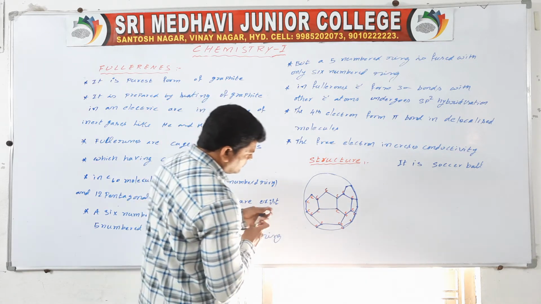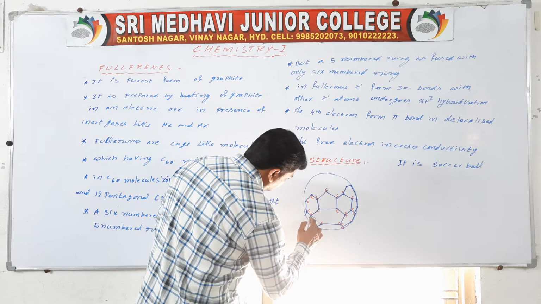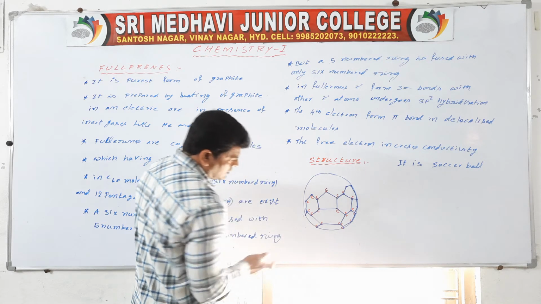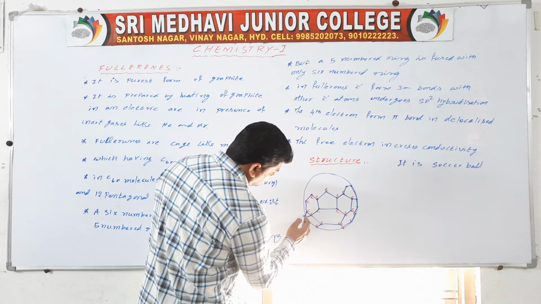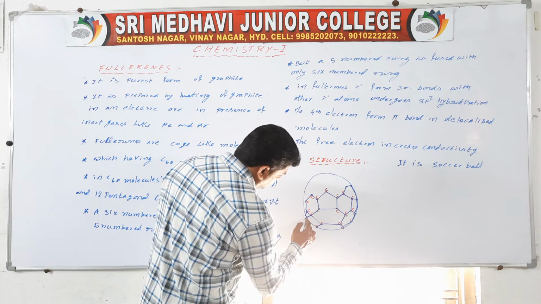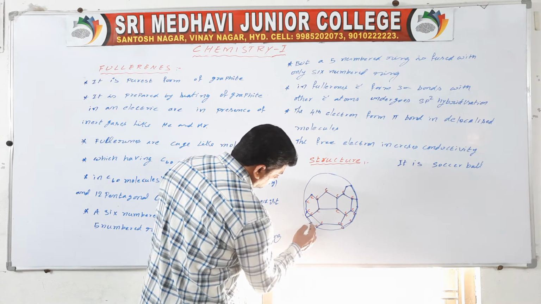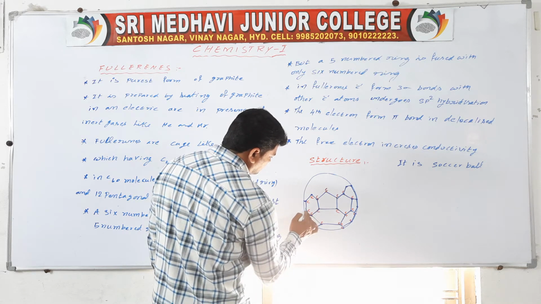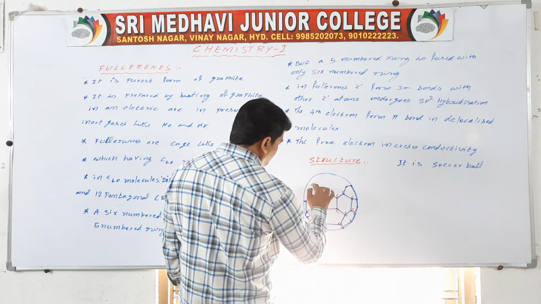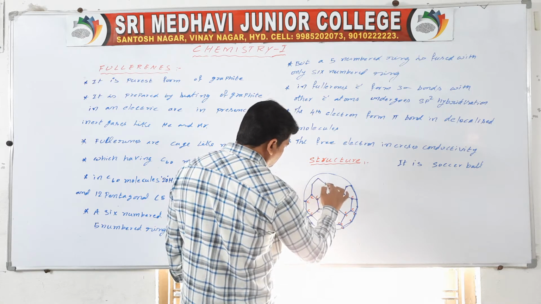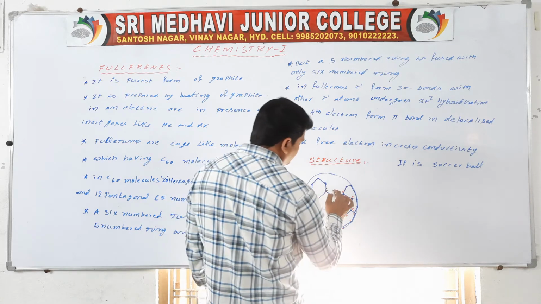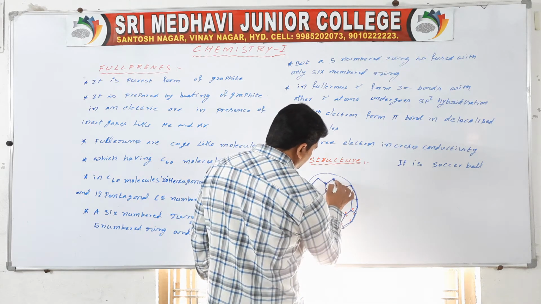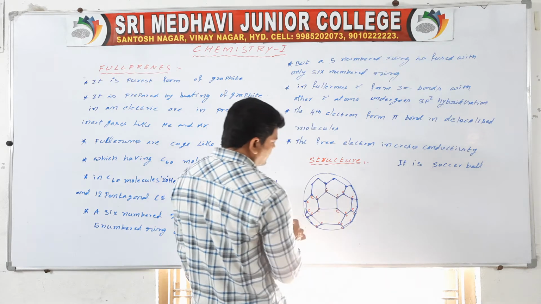Okay, like this. Then it is a 6 numbered ring: 1, 2, 3, 4, 5 and 6.